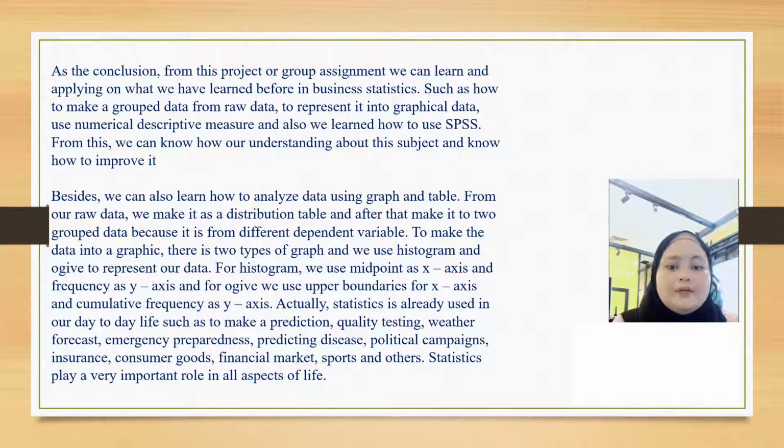Statistics is already used in our day-to-day life, such as prediction, quality testing, weather forecast, emergency response, predicting disease, politics, campaigns, insurance, consumer goods, financial markets, sport, and others. Statistics plays a very important role in all aspects of life.